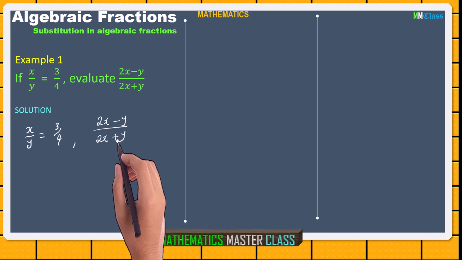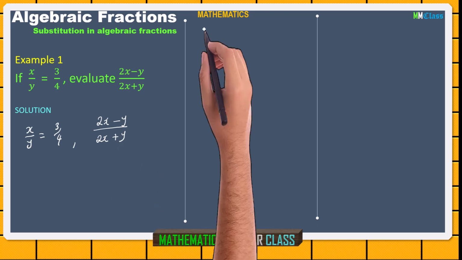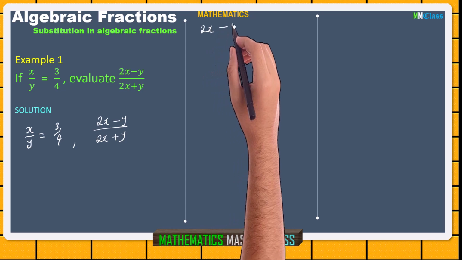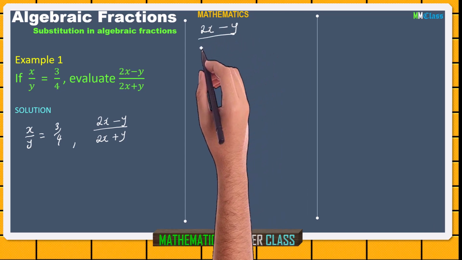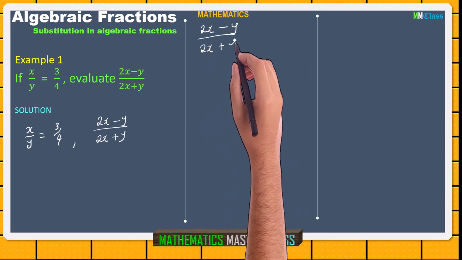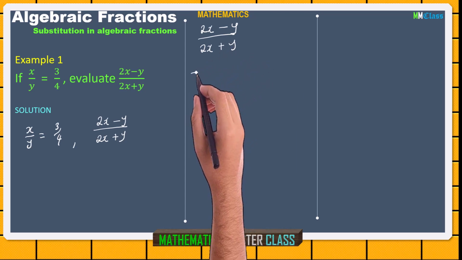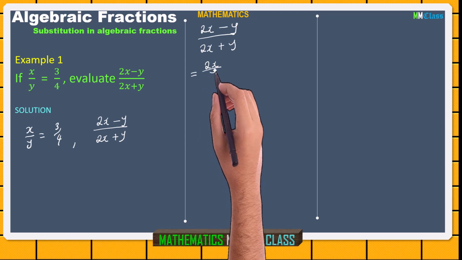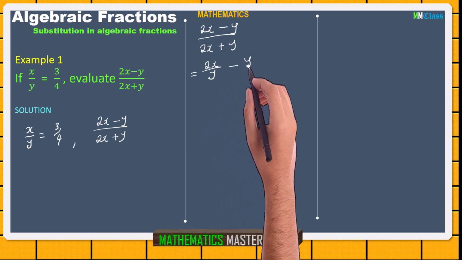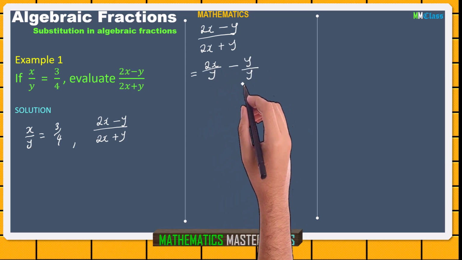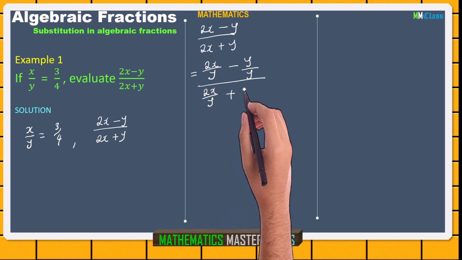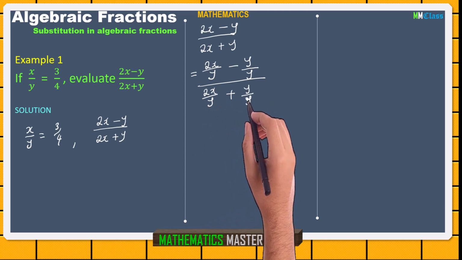So let's start. We first of all have 2x minus y all over 2x plus y. This will be equal to 2x divided by y minus y by y, all over 2x again by y plus y by y.